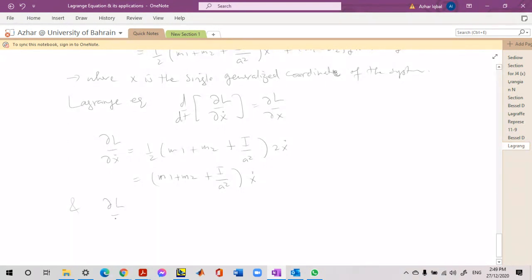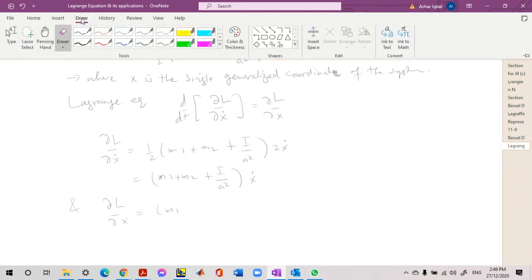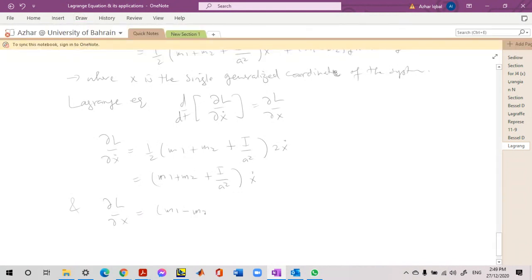And partial L over partial x, if you calculate, becomes m1 minus m2 times g.